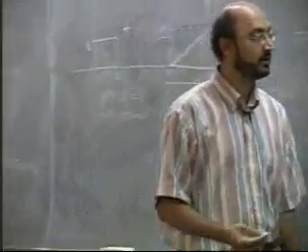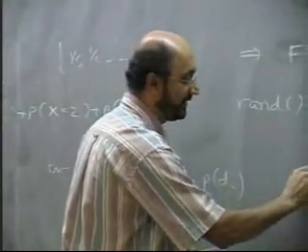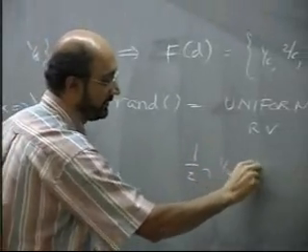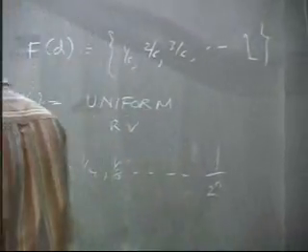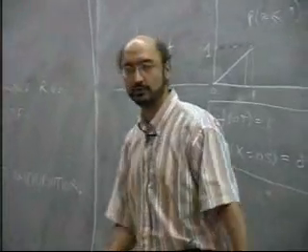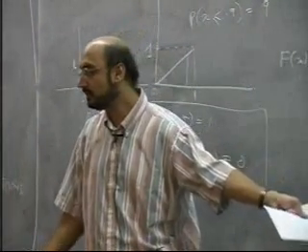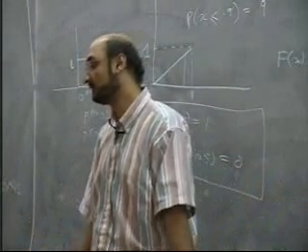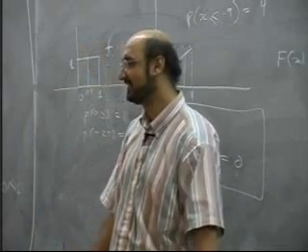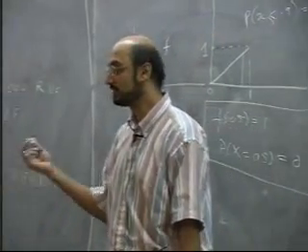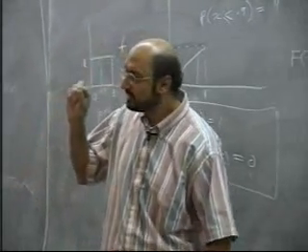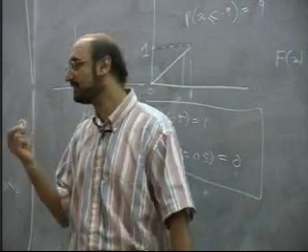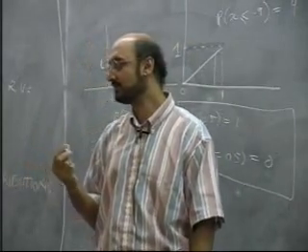Let's take the standard series: a half, 1 over 4, 1 over 8, etc. 1 over 2 to the n. The sum of all this is equal to 1, right? It's an infinite sum. Each value of this is non-zero, because 1 over 2 to the n is not 0. It may be very, very small, like 10 to the minus 1,000 or whatever, but it's never 0.